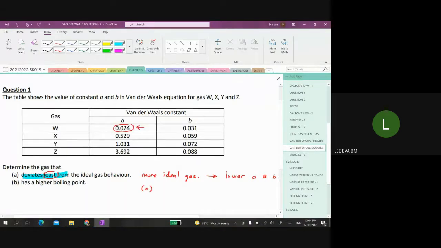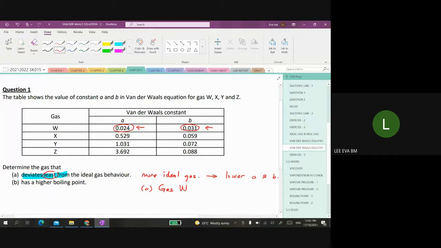Dia hanya value sahaja. Lower value A means you have the weakest intermolecular forces. Lowest value B also, you have the smallest volume of the gas particle. Sebab ingat kalau awak nak lagi ideal gas, sebenarnya dia adalah negligible intermolecular force and also negligible volume of the gas particle. So in this case, we have gas W.